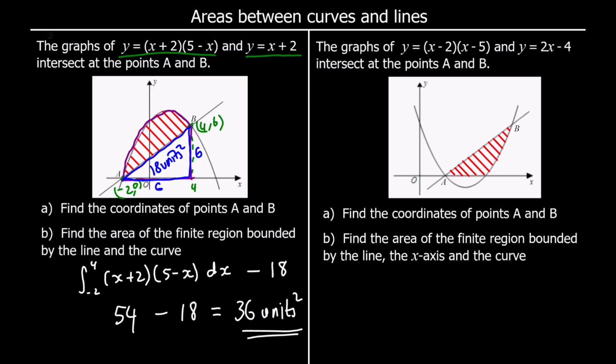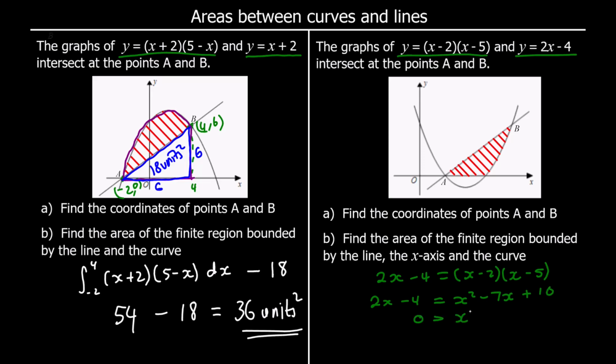So to start with, we need to find the coordinates of A and B again. So that's the solution to the simultaneous equations. So I have 2x minus 4 equals x minus 2 times x minus 5. Expanding and simplifying the brackets, we're going to have x squared minus 5x minus 2x, that's minus 7x plus 10.